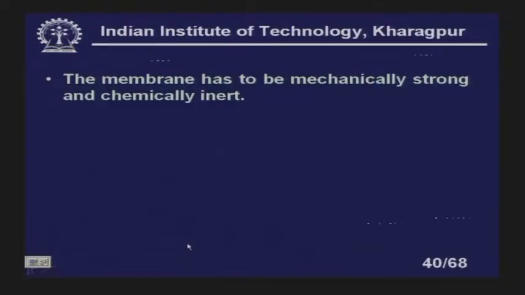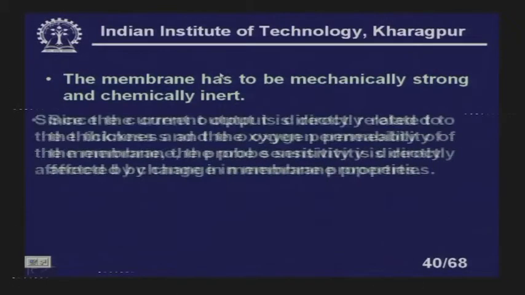The membrane has to be mechanically strong and chemically inert. Mechanically strong means it should withstand high pressure and high temperature, at least 120 degrees centigrade, a little more than 1 atmosphere, because if you do autoclaving, these high temperature and high pressure conditions have to be satisfied.